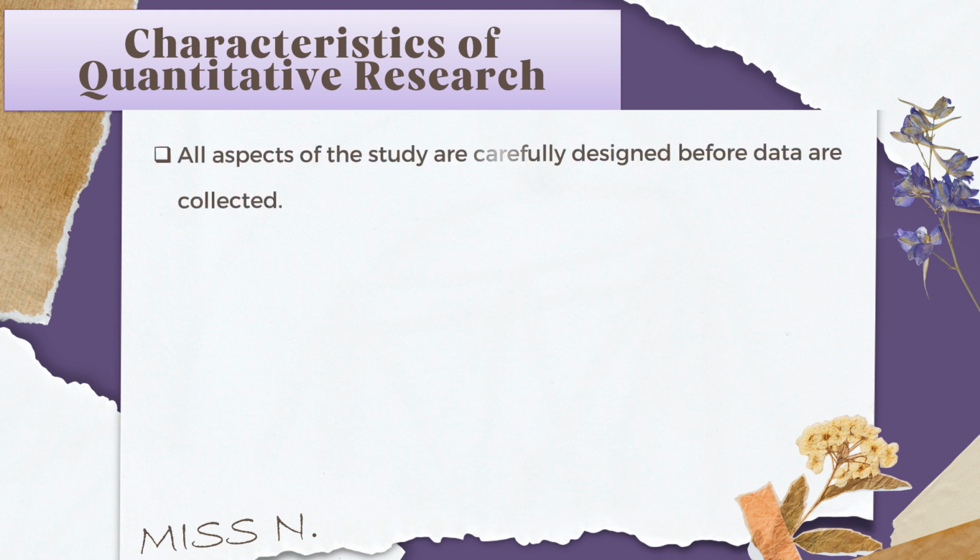We have also, all aspects of the study are carefully designed before data are collected. So, as one of the characteristics of quantitative research, the researcher must have a careful plan or must have a critical decision as to what research design to be utilized during the conduct of the study.